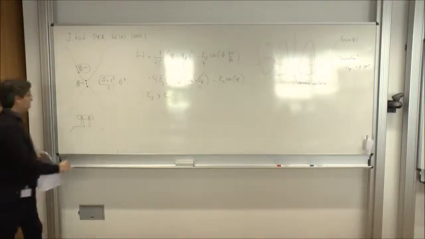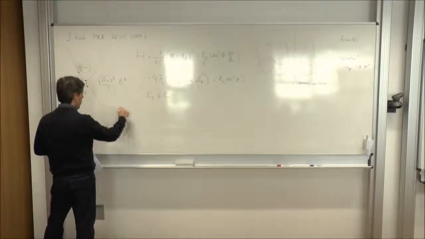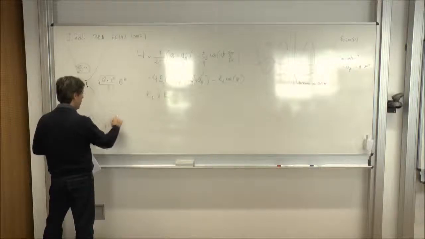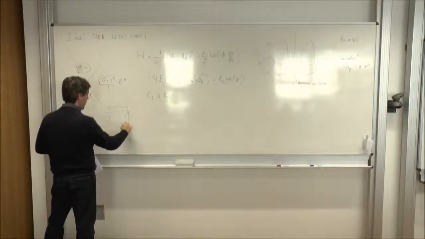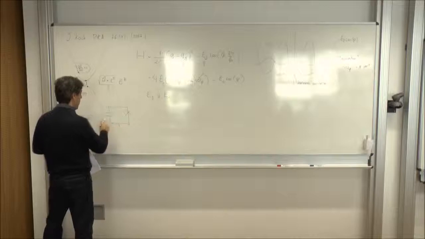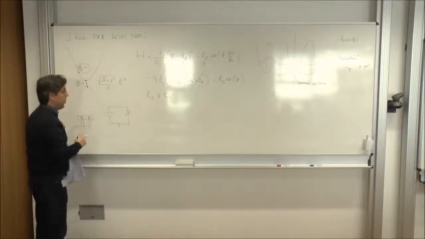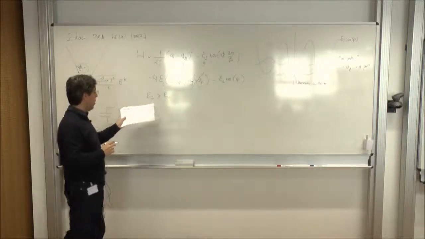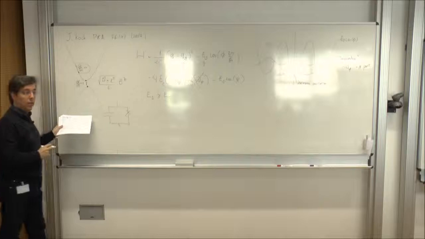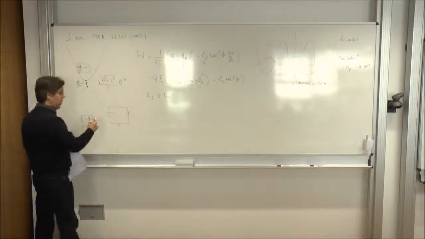But now we are going to move into a regime in which the dominant energy scale is not the capacitance here, but this one. So we want to make EC smaller. We want to make the capacitance larger. Okay, so we are going to make this guy bigger.